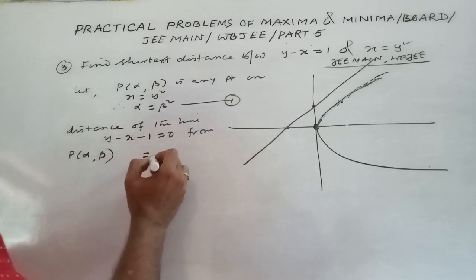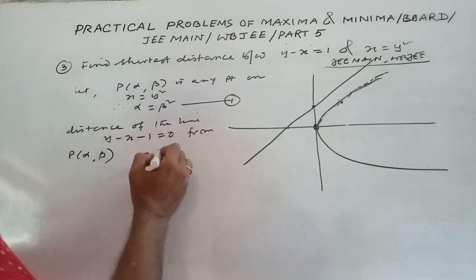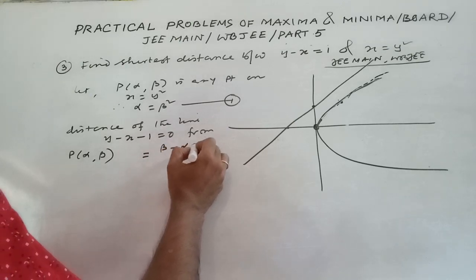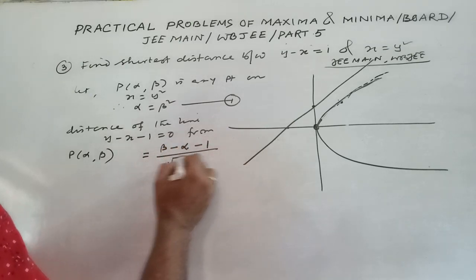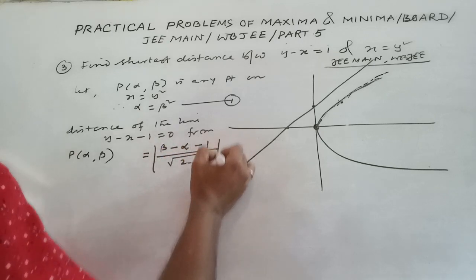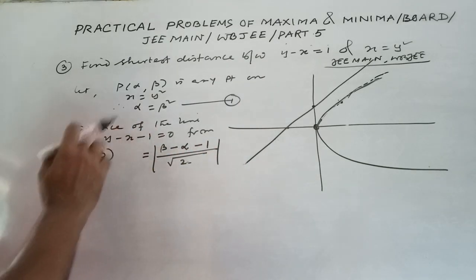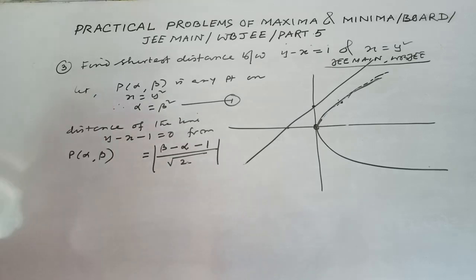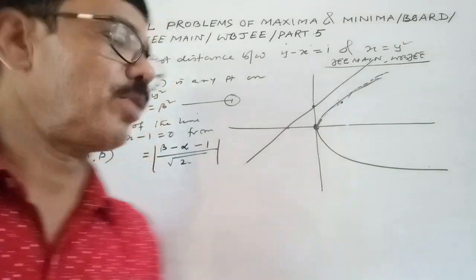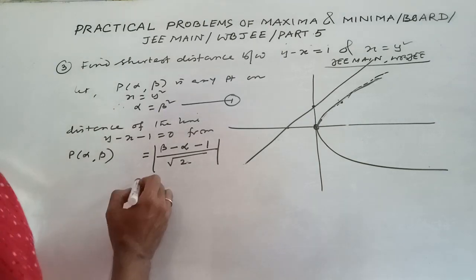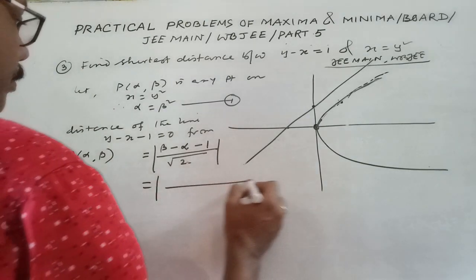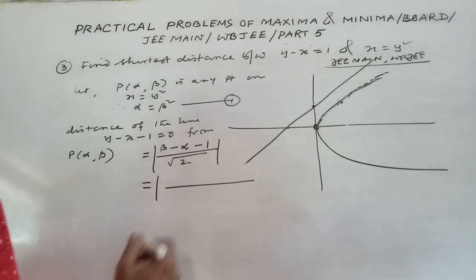equals to beta minus alpha minus 1 by root over 2. So this is beta minus 1, so alpha square, coefficient of x whole square, coefficient of beta whole square. Now what is alpha? Alpha equals to beta square.